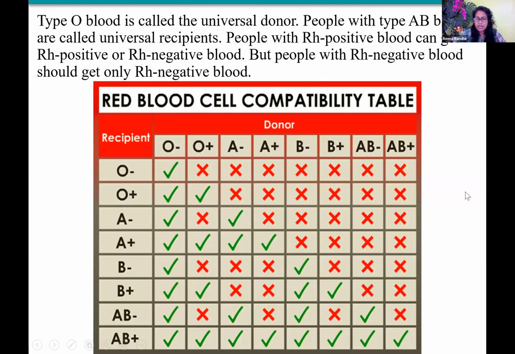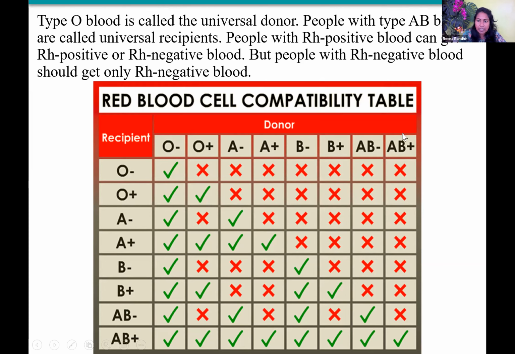So this is a chart that you can study that talks about what blood type is compatible with what donor here. So you can see if you're O negative, you are a universal donor. Everybody can accept your blood. Whereas AB person, type O is the universal donor. People with AB blood are called universal recipients.